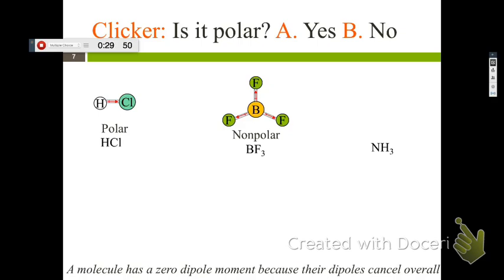The extreme of polar is called ionic. All right, closing out. We have a very strong agreement here. Can I get a new voice to describe how you concluded polar, non-polar for NH3?